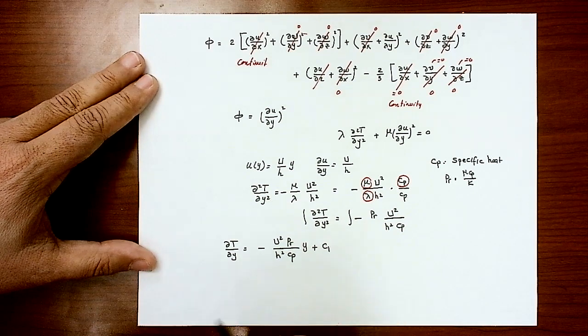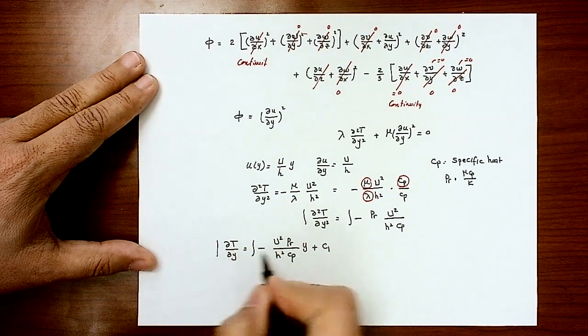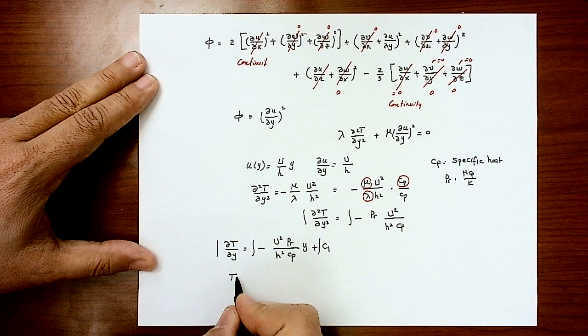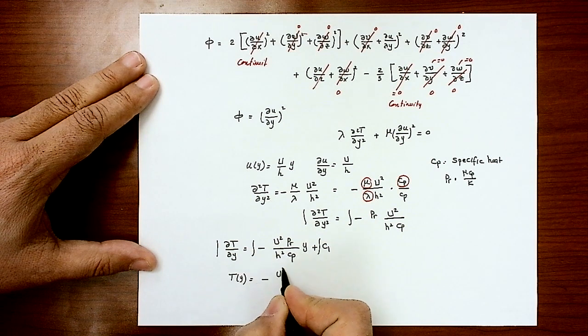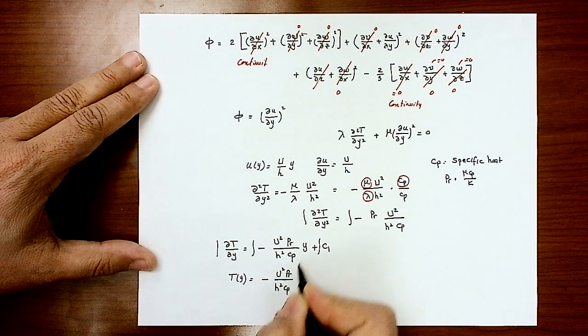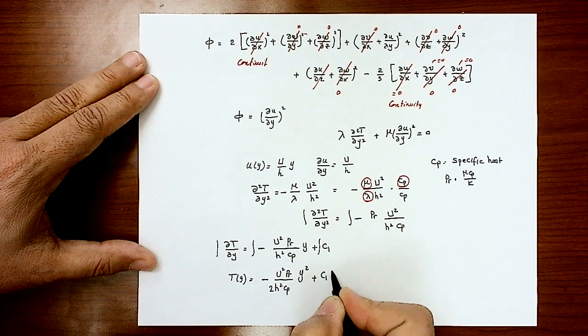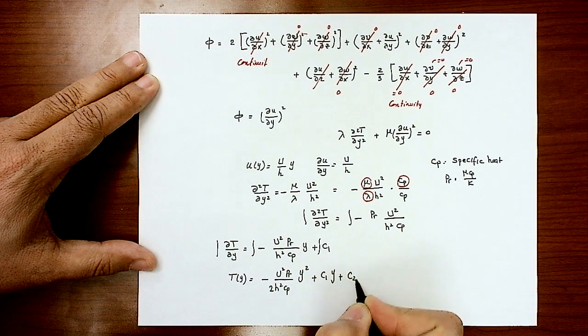Then I will do the second time integration. I would have T as a function of y, that's what I'm looking for, equal to minus U squared Prandtl divided by H squared Cp. Integrating y is going to give me y squared over 2, plus C1 y plus C2.